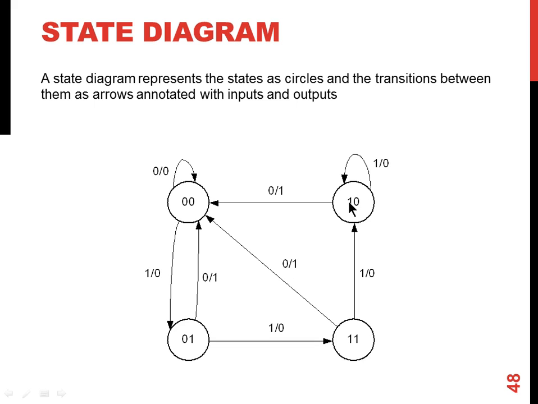But in state number 2, if input is 0, it will go back to state 0 and output will be 1. And again, if you see the idle state, if input is 0, it just stays in the same state until input is 1. So this is the state machine, and it will go from state to state depending on the input values. And based on the input values in each state, output is generated as 1 or 0.